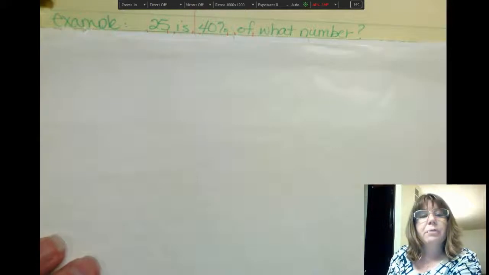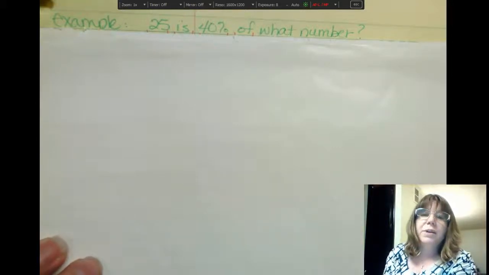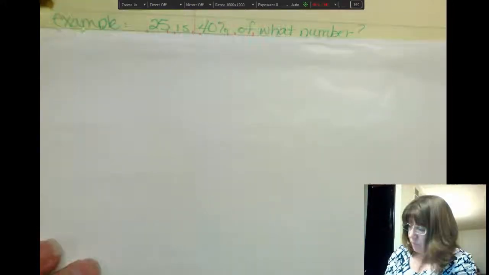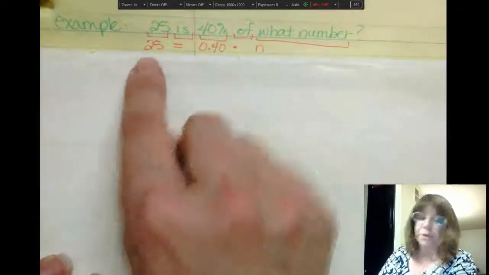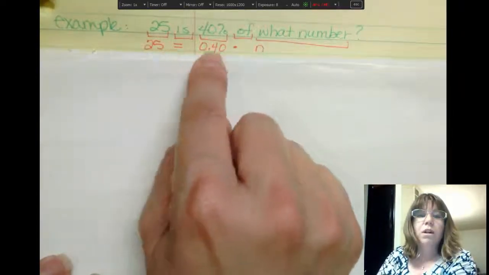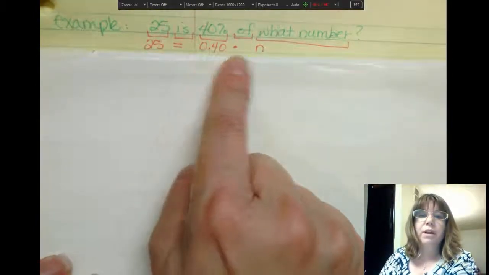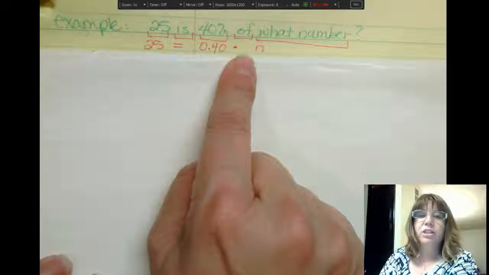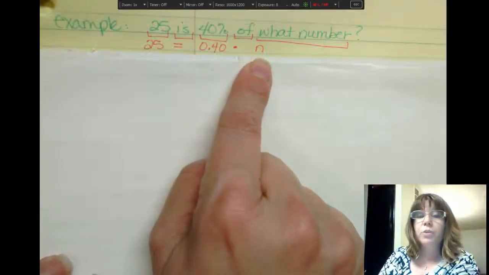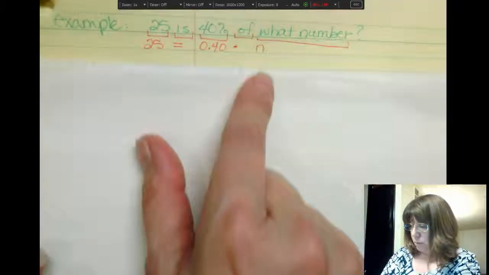Let's try the third type of problem. 25 is 40% of what number? So 25 is just a number. Is means equal. 40%, we do need to write it as a decimal, 0.40. Of is multiplication. And what number is our unknown? So we're going to use n. Put it all together.